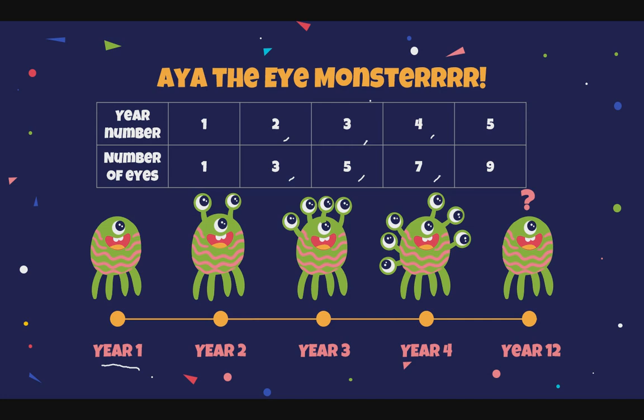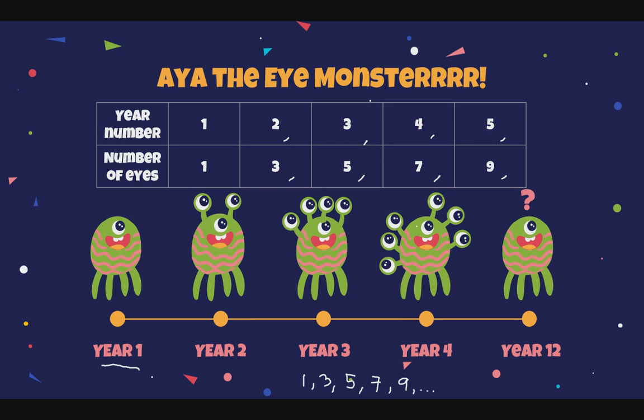The image below only has data up to the fourth year, but I added a fifth year here because we clearly see a pattern in the number of eyes. So the number of eyes are 1, 3, 5, 7, and I added 9.